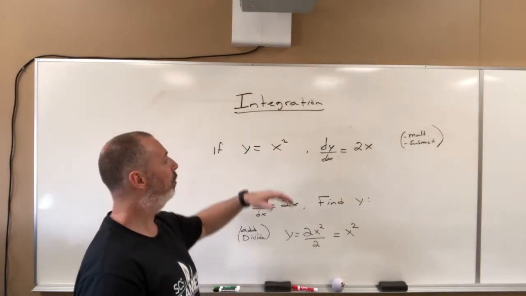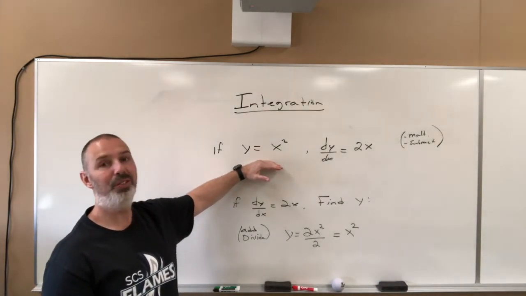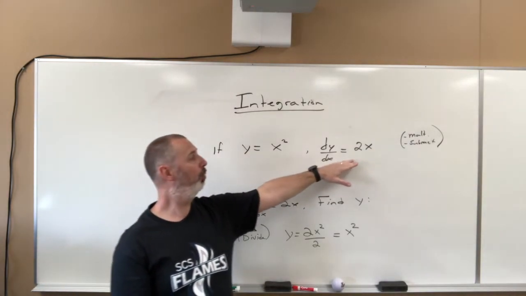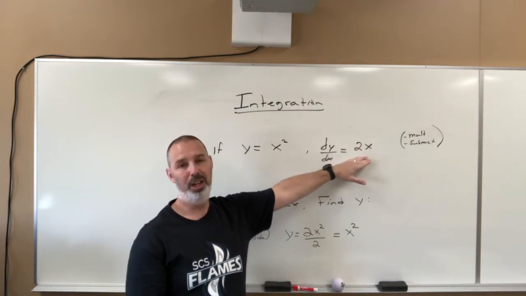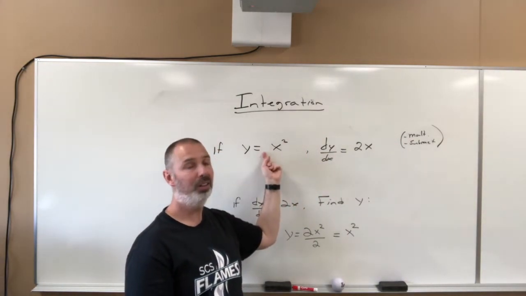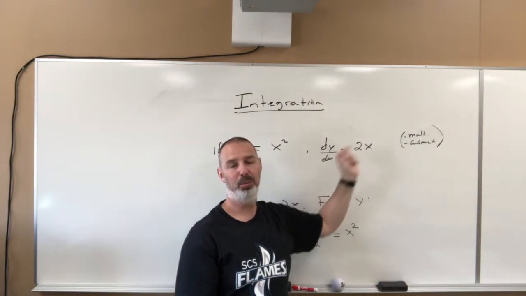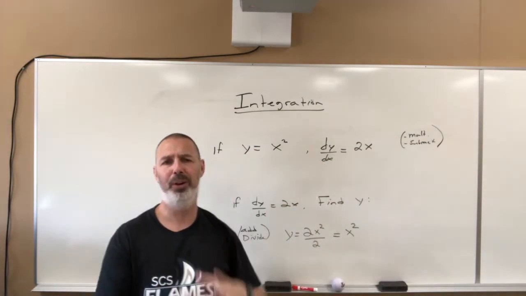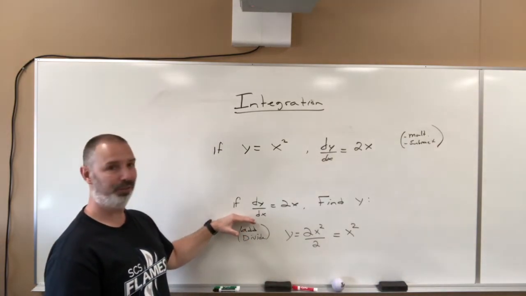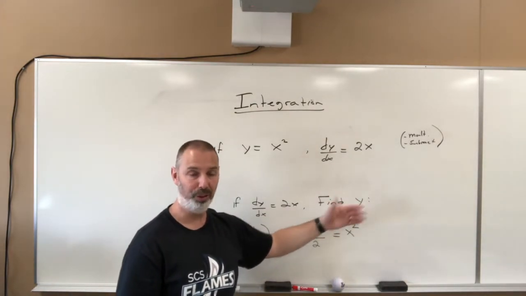On the board behind me, you see that if we had y equals x squared and I asked you to find the derivative, you would say dy/dx equals 2x. The way you would have done that is you would have taken the exponent, multiplied it out front, and then reduced the exponent by 1. You multiplied and then subtracted. To do integration, we simply want to reverse that procedure. If dy/dx equals 2x, find y, the original function.